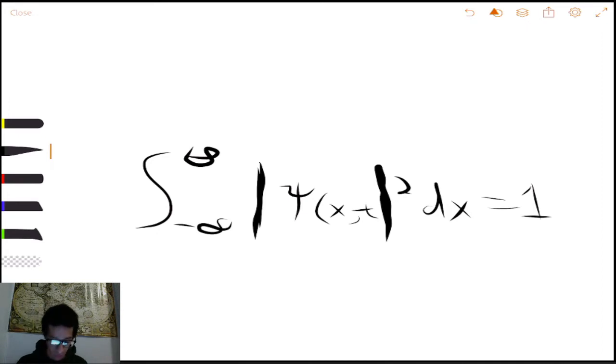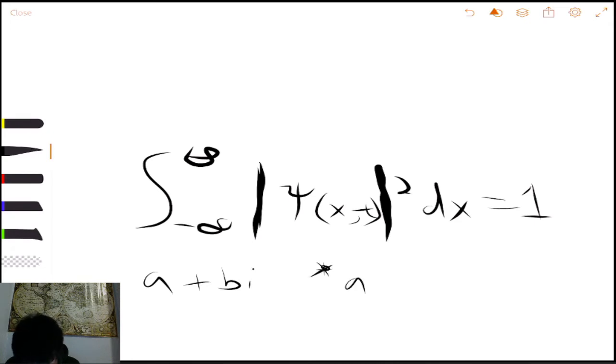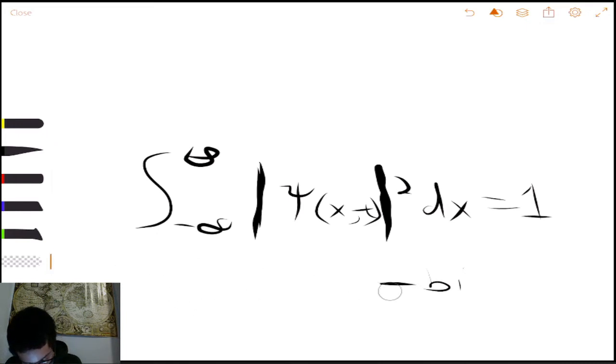That's because we work with complex numbers and complex conjugates in quantum mechanics. Everybody should know what a complex conjugate is. A plus bi, the complex conjugate of that, represented by a little star, would be A minus bi. You're just reversing the sign of the imaginary part. That's all the complex conjugate really is.